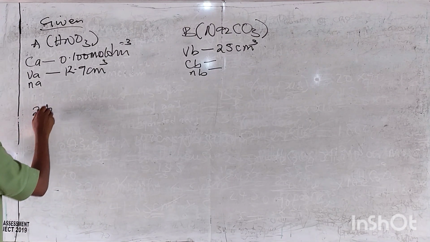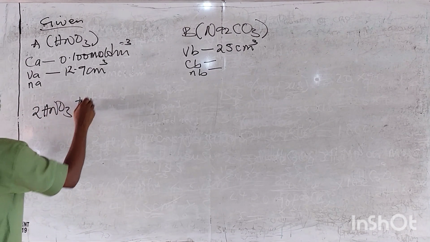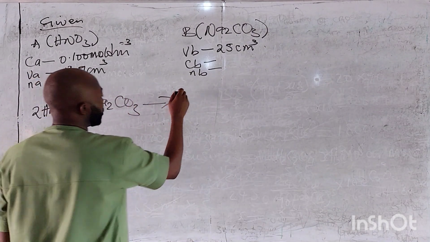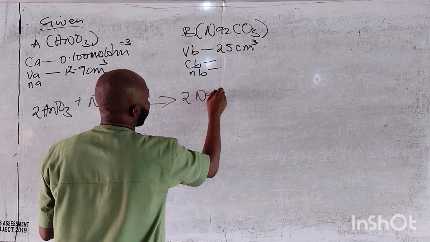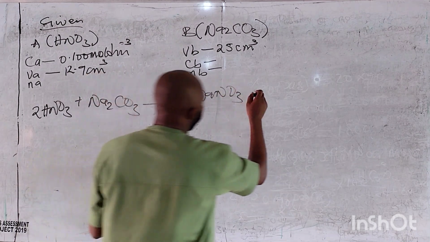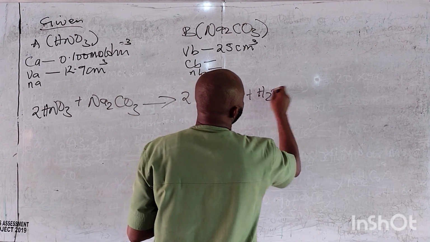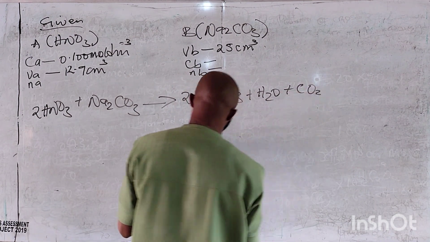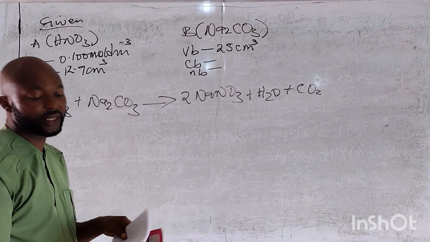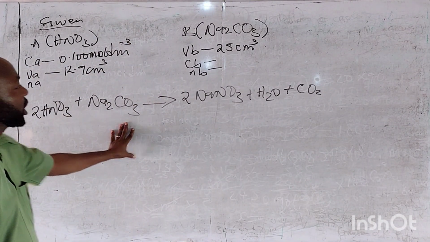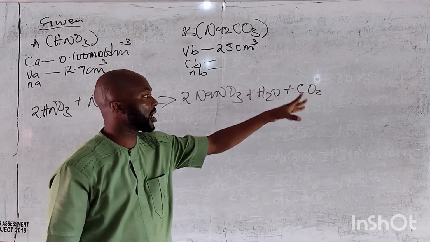We have 2HNO3 plus disodium trioxocarbonate(IV) giving 2 sodium nitrate plus water plus CO2. Always remember the state symbols: aqueous, liquid, and gas.